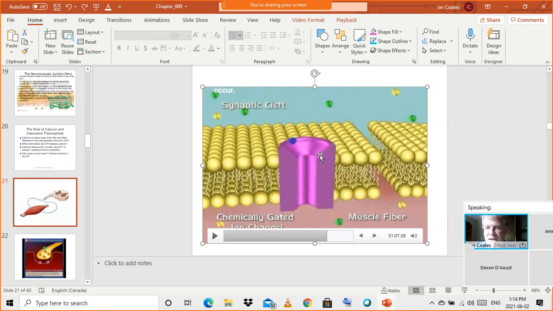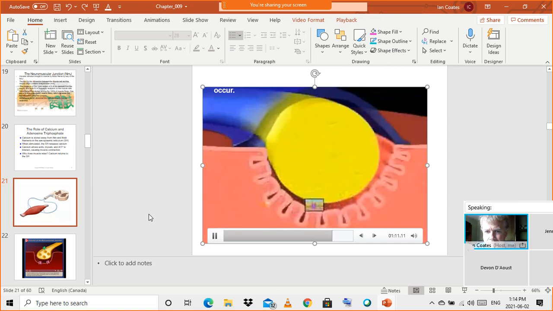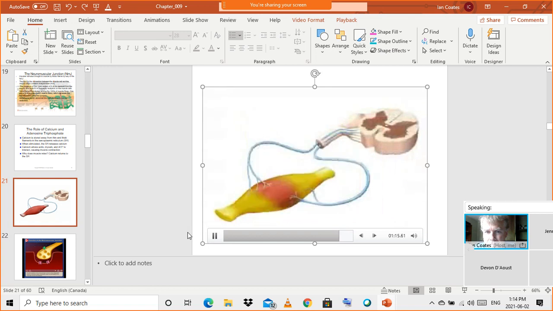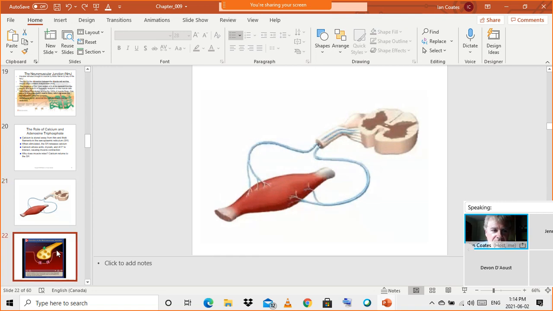Now we can get some things done. All right? So the action potential spreads along the muscle fiber. As more nerve branches activate additional fibers, the action potential spreads over the entire muscle. Good. Let's get on here.